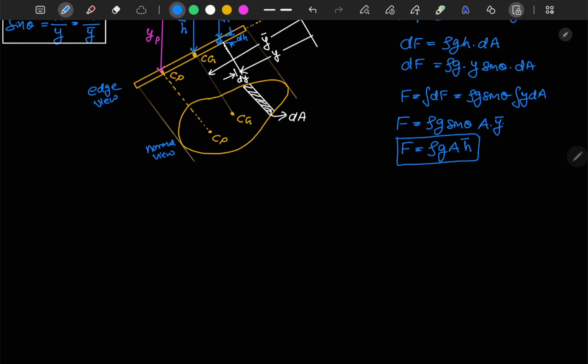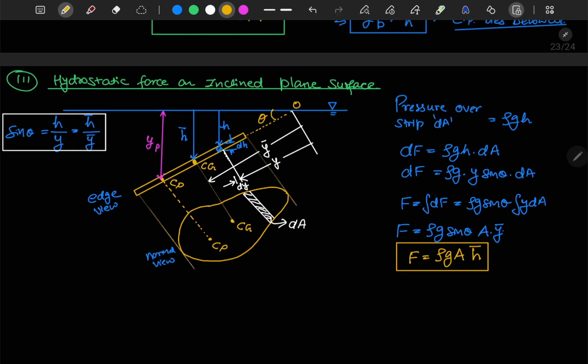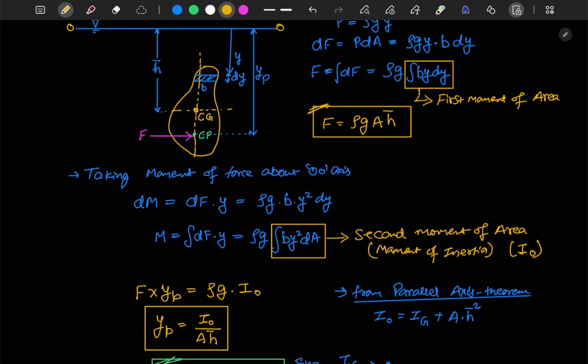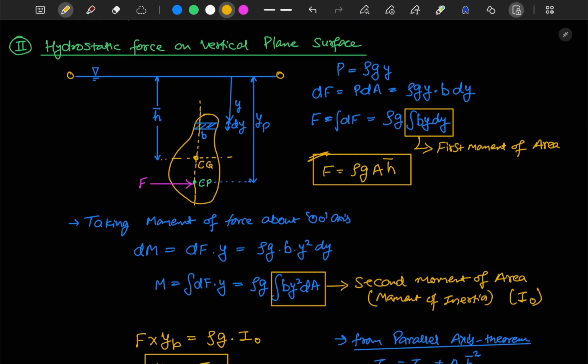Let me write it in a different color so that it will be visible. F is equal to rho g A h bar. Now, rho g h bar, in this case and also in this case, we have obtained the same thing.